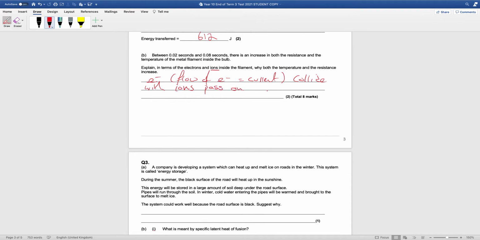they pass on kinetic energy to them. The ions vibrate faster, and again note they were vibrating and now they're vibrating faster. To say they start to vibrate is wrong because they were vibrating before. And temperature is a measure of the average kinetic energy of the ions.